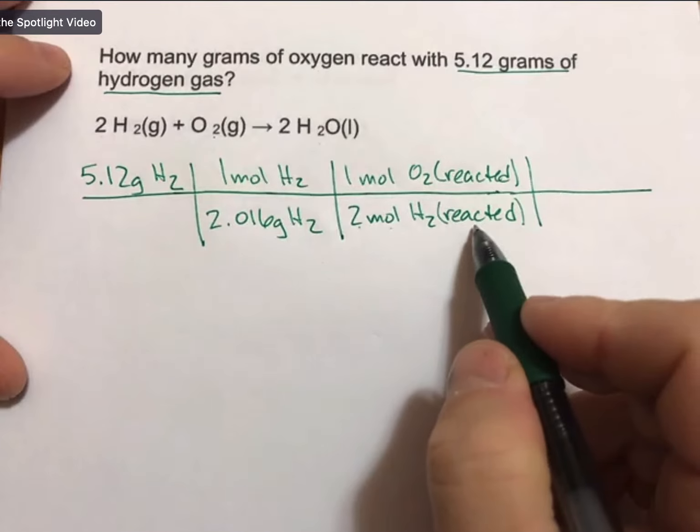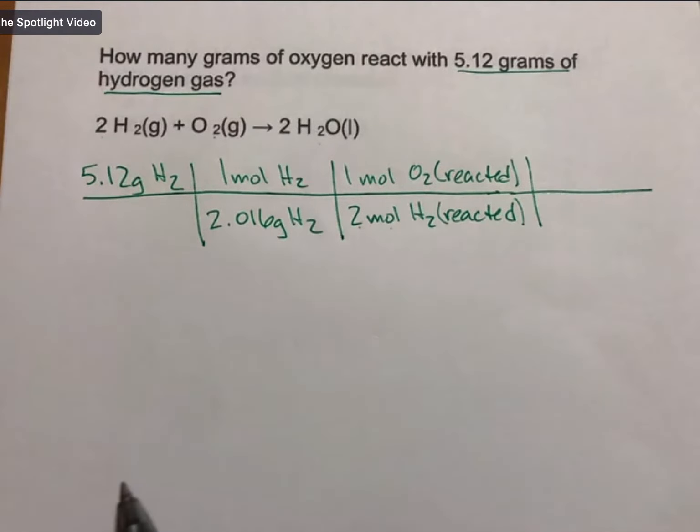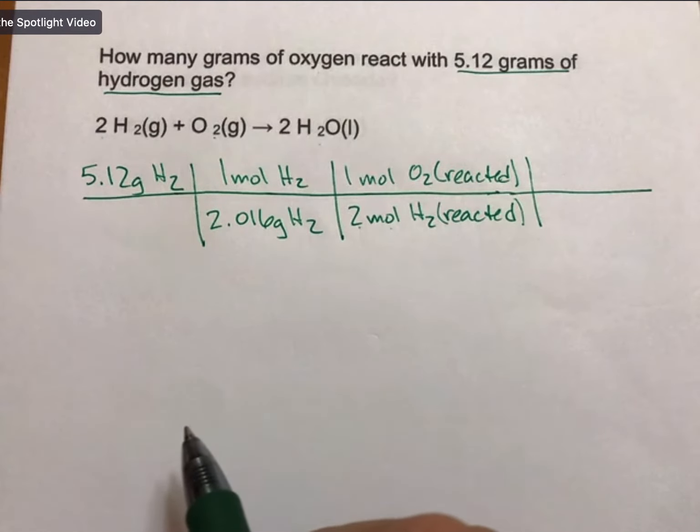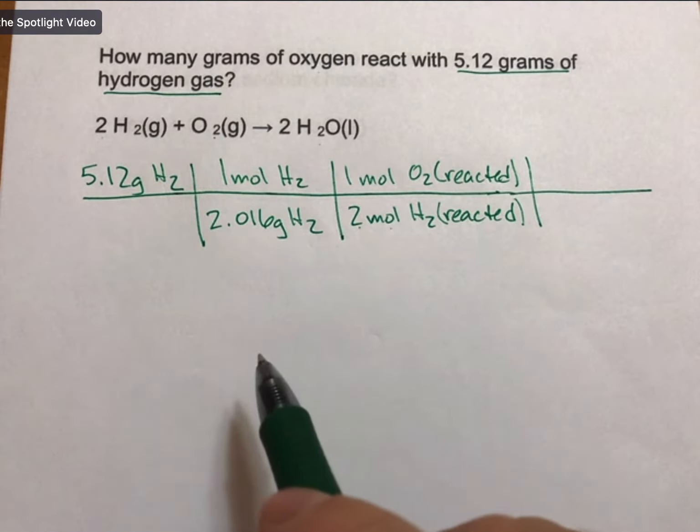And again, I don't usually write the reacted part, but I just want you to know that if we think of this reaction in terms of English, like one of the previous problems that we solved and in the lecture outlines, we can come back to this. 2 moles of hydrogen react with 1 mole of oxygen to produce 2 moles of H2O. And this sort of statement fits right in there.